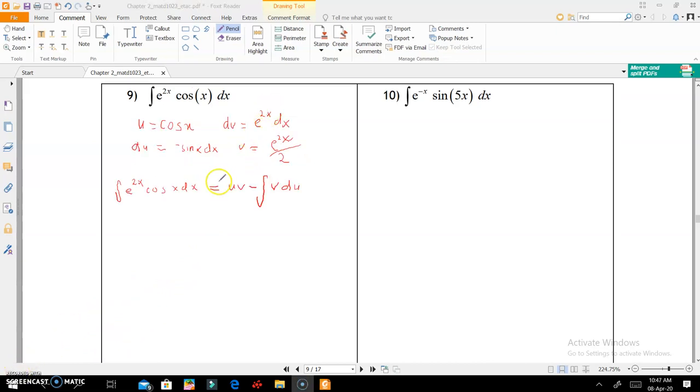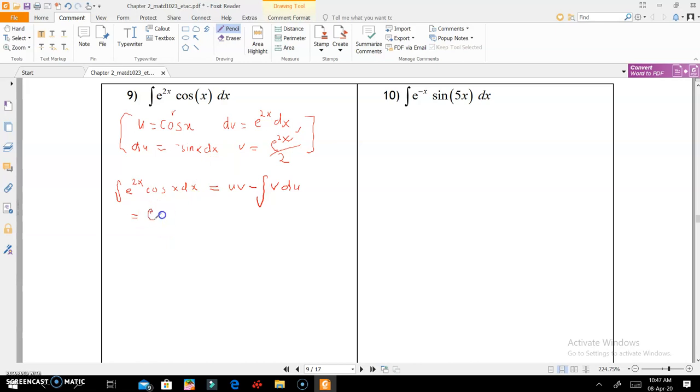Okay, so if you write back the formula, you are going to get the integration of exponent 2x cos x dx is equal to uv minus integration v du. So let us proceed from here. The values of u and v can be obtained from our main frame here. So quickly you can just rearrange that and multiply it.